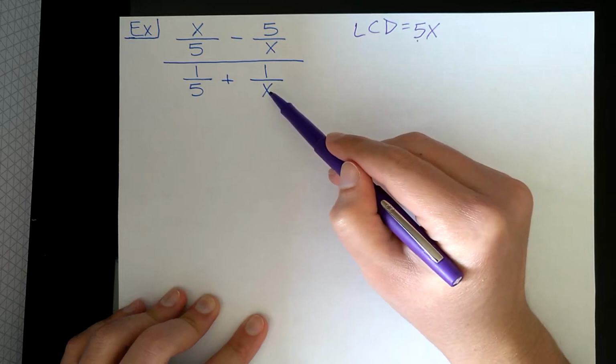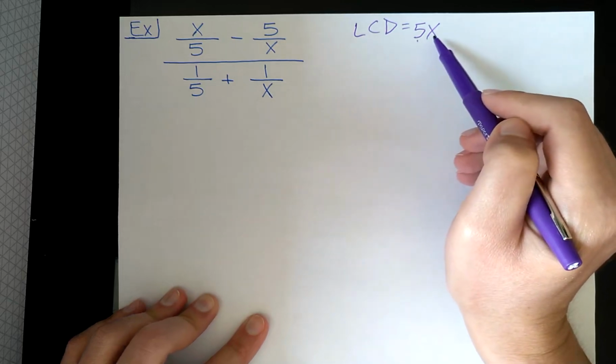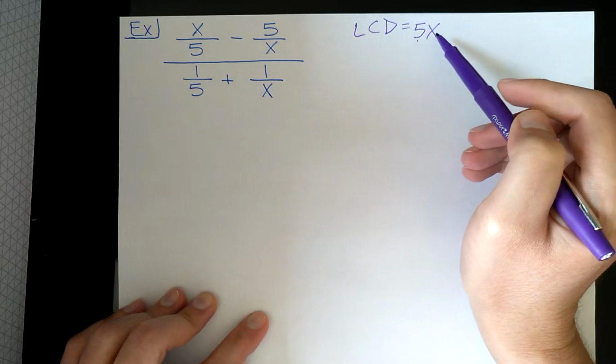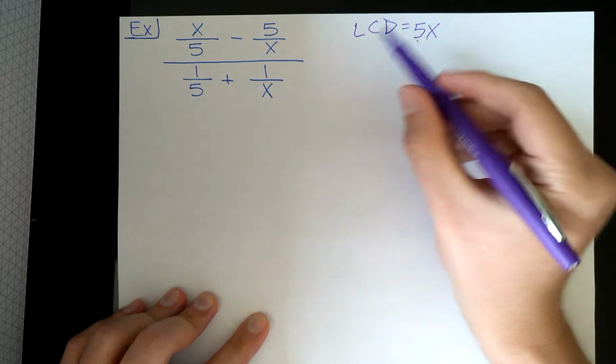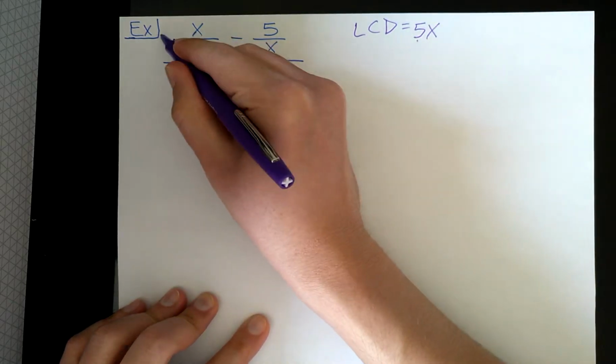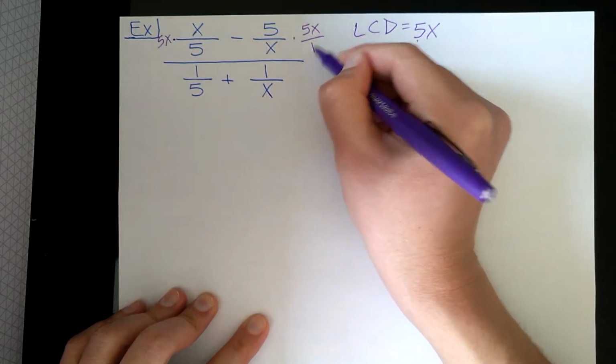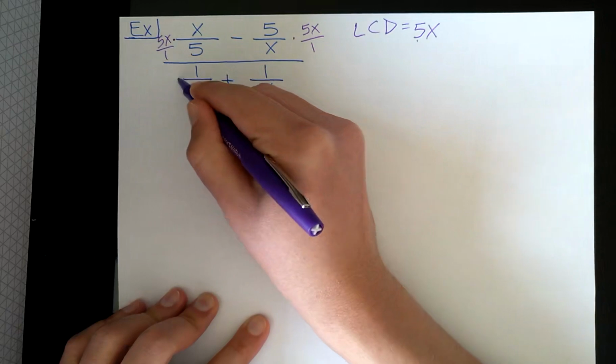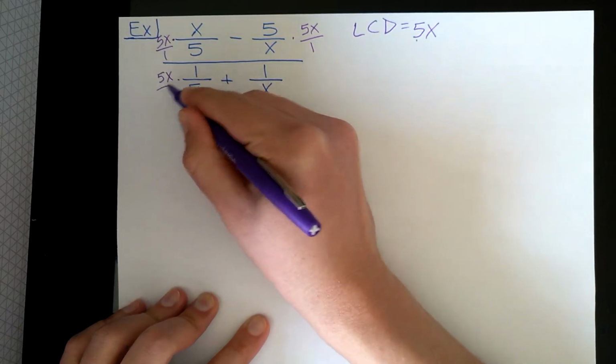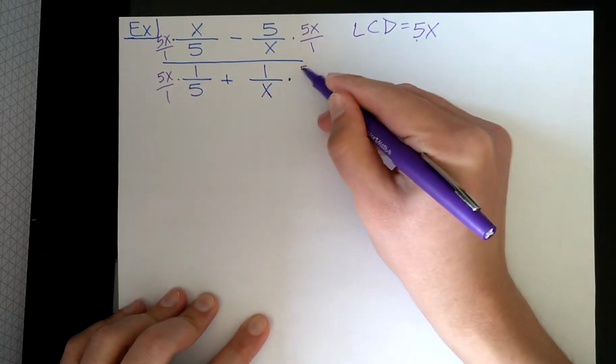And here we have an x, but again we already have one of those. We do not need to include that again. So our LCD is just 5x. That's what we're going to multiply to every term. And again, we can always put it over 1 to make multiplying by fractions easier.